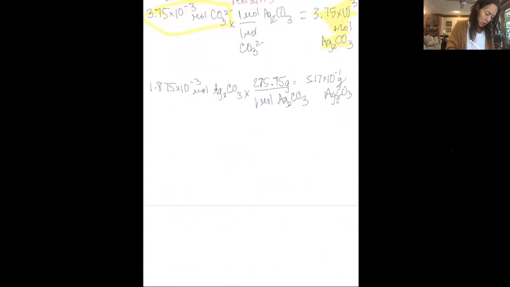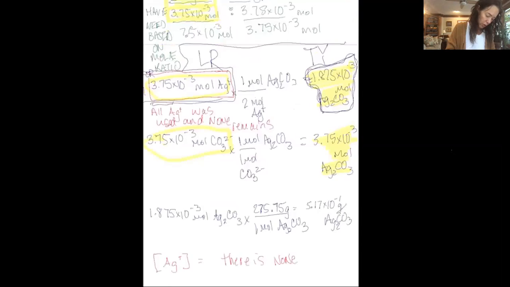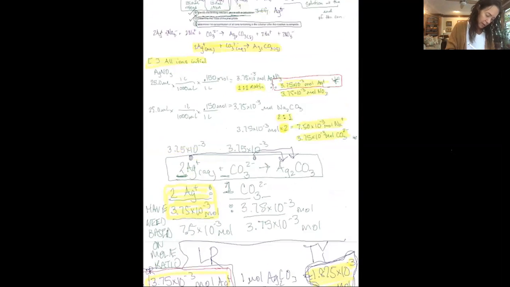So the concentration of our silver ion is none. All of it was put into the precipitate. There are no ions floating around. Check. Let's look at our nitrate. I started with 3.75.